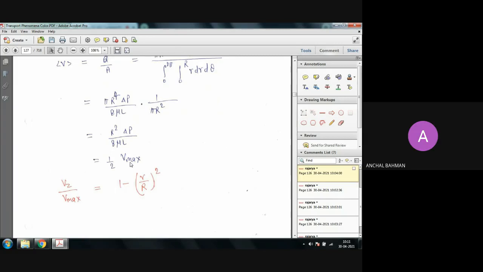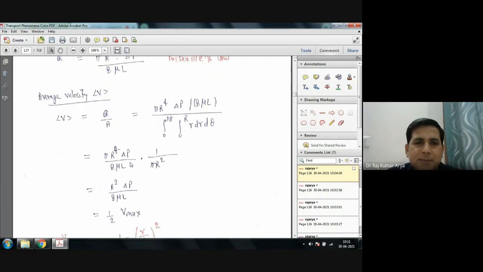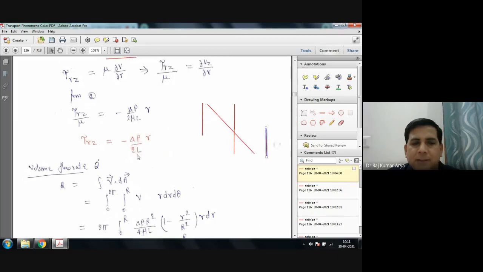So the shear stress expression you already know from here: the shear stress is minus delta P upon 2L into R. You want to calculate the drag force, so this would apply over your entire circumference, multiplied by area. At the wall, this R would become capital R, and the area would become 2 pi RL, right?